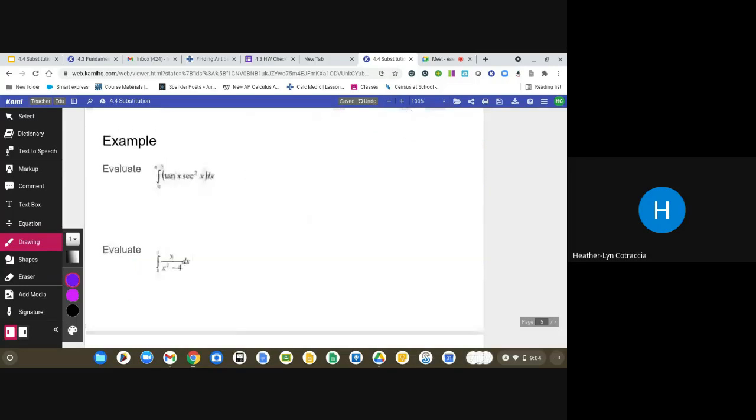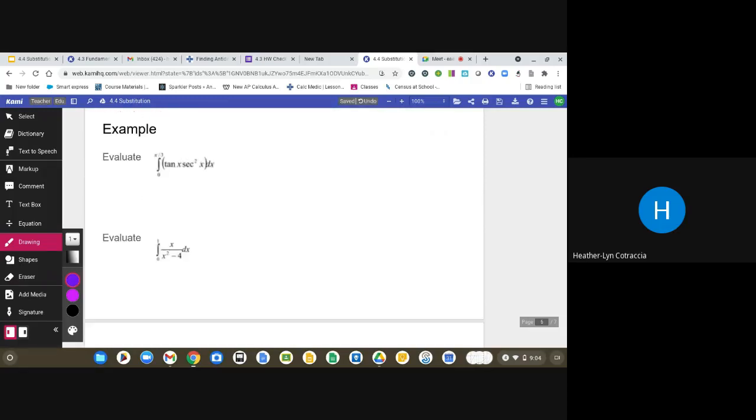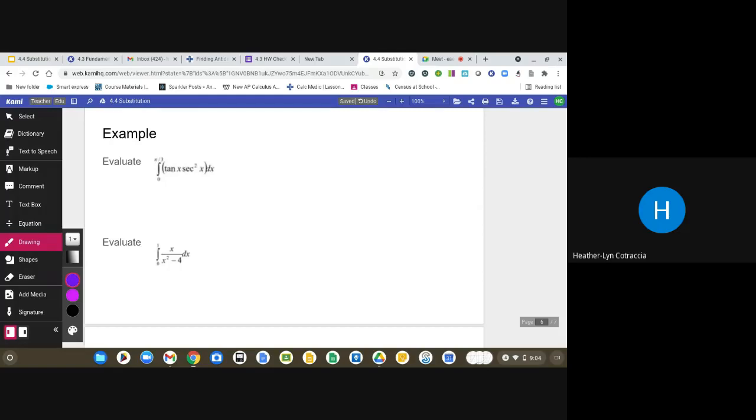Okay, so we're getting really close. I think we just have these two examples right here. So this one right here, let's see here, what should be my u? It looks like secant is in parentheses, because back in the day secant squared, but I think I actually want my u to be tangent of x.